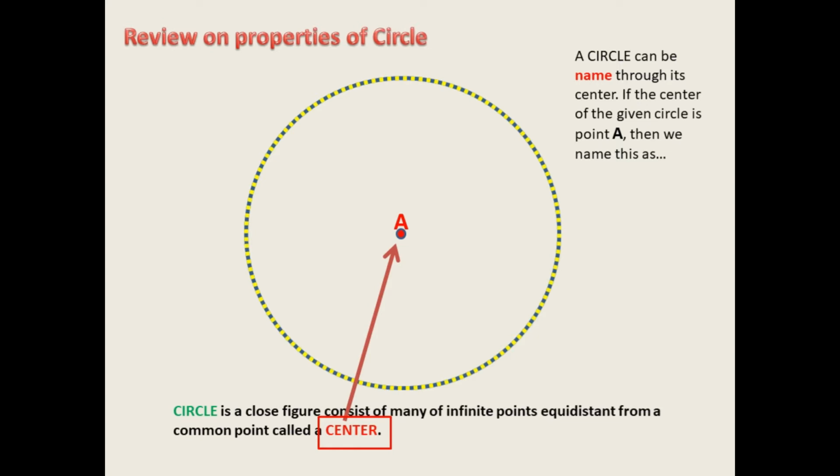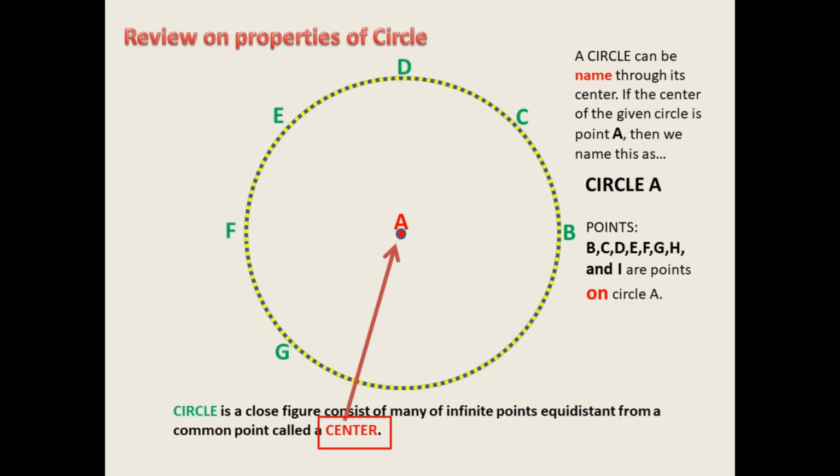So if the center of the given circle is point A, then we name this circle as circle A. Points B, C, D, E, F, G, H, and I are points on the circle.